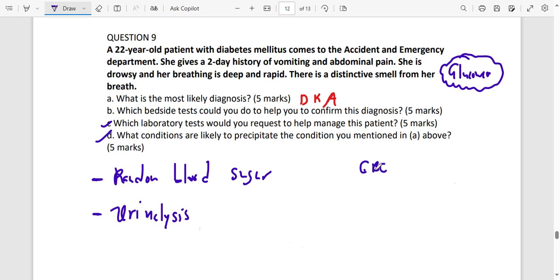So I want to do the complete blood count to check for infections and other problems to do with blood, hematological abnormalities. Besides that, you also want to look at serum glucose, right? When you look at that, you are basically monitoring blood sugar levels because you want to help in managing how bad is the condition, how bad is the blood sugar levels.